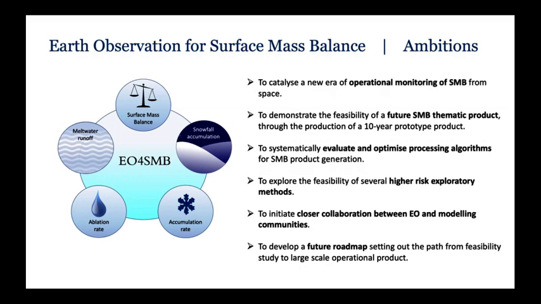We'll aim to do that by producing a 10-year prototype product. Obviously, as we go, we'll systematically evaluate and optimize the processing algorithms that we develop, and alongside that we'll also look at higher risk exploratory methods such as joint inversions and AI.